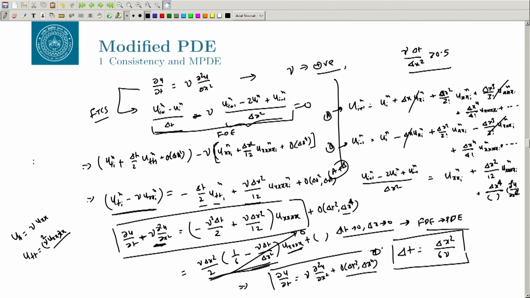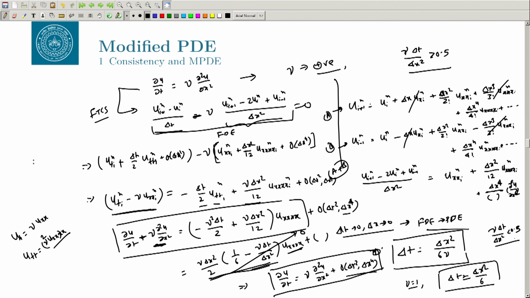So, you get fourth order accuracy in your spatial scheme if your delta t is equal to delta x square by 6 nu, and if nu equal to 1, then delta t is equal to delta x square by 6, okay. It does not give us the criterion that we wanted, that is, nu delta t by delta x square is less than 0.5, okay, that we have seen while trying to solve the problem, right.